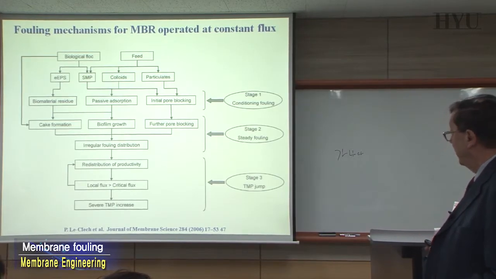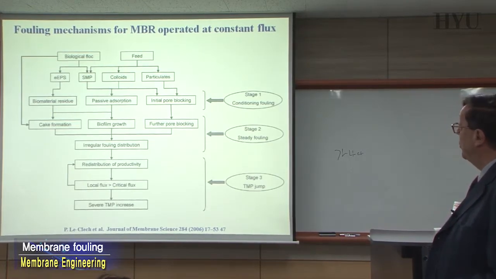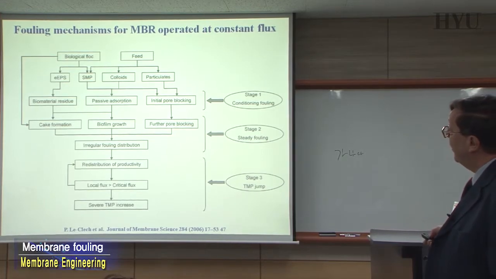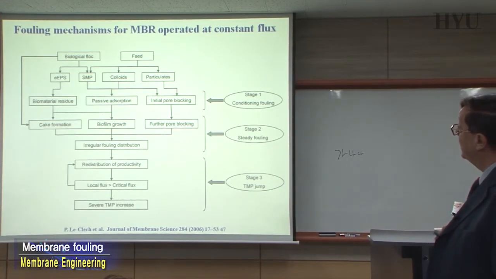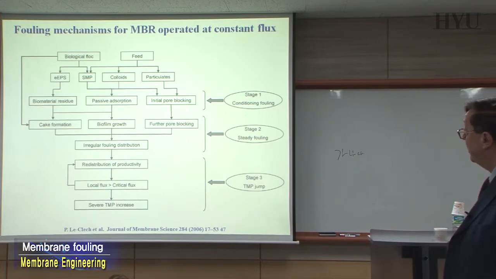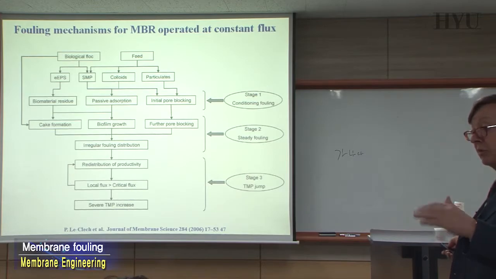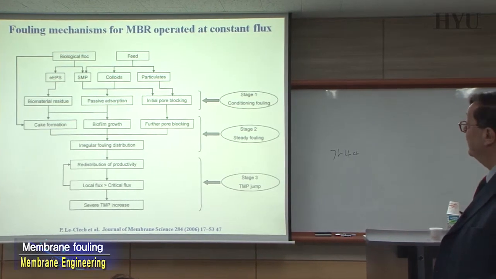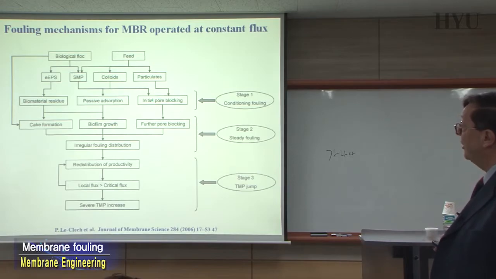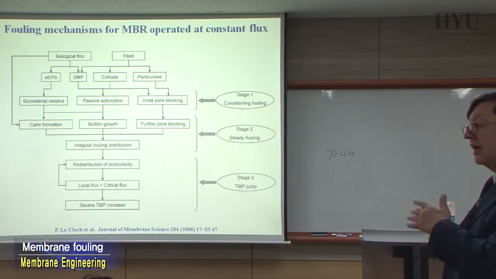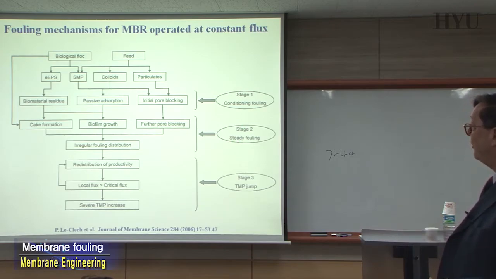And also here, people are trying to understand what is going on, and the overall fouling mechanism, working with constant flux, has been subdivided, as you can see here, into what is called conditioning fouling, the initial step of the problem where something is starting to happen, then initial pore blocking, and finally you arrive at a kind of steady state, a steady fouling, the traditional one.